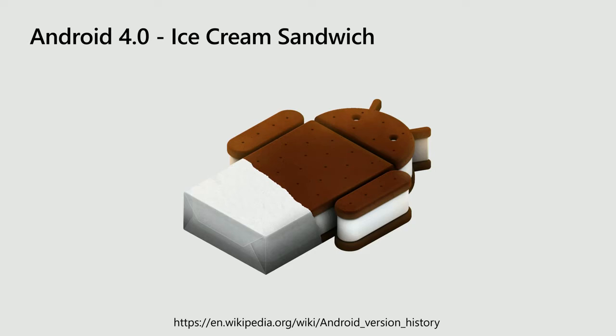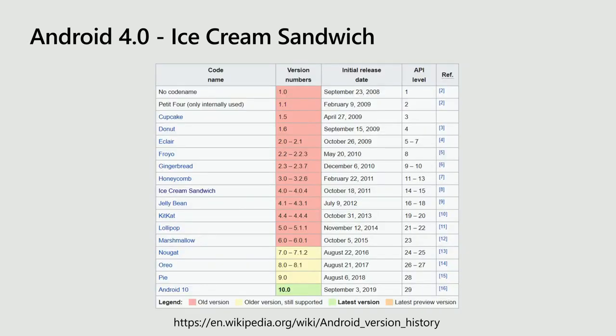So Ice Cream Sandwich is the lowest version of Android, the oldest operating system managed by and supported by Intune. When was it released? Well, 2011. There are a couple of versions unsupported after that one, and then you have the old versions with still support, and then you have the new versions.